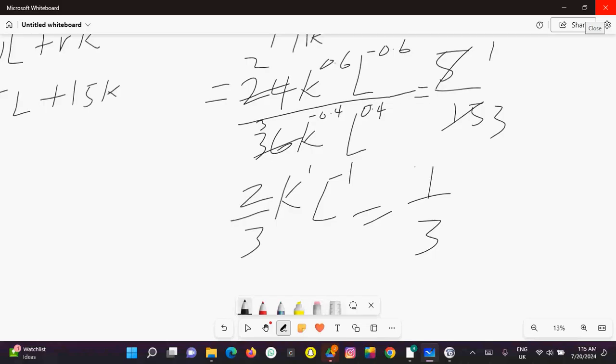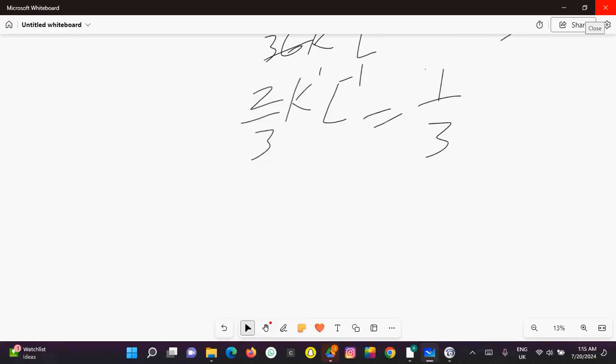Since L has a negative power, L comes down to join the 3, so we have 2K over 3L, equal to 1 over 3.